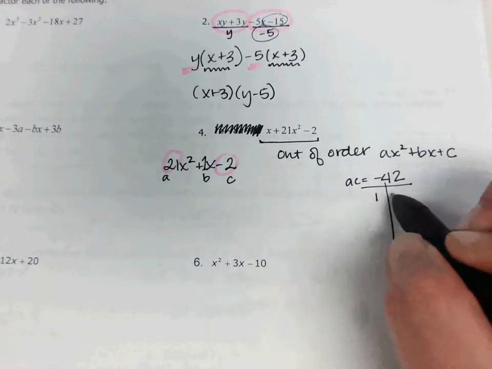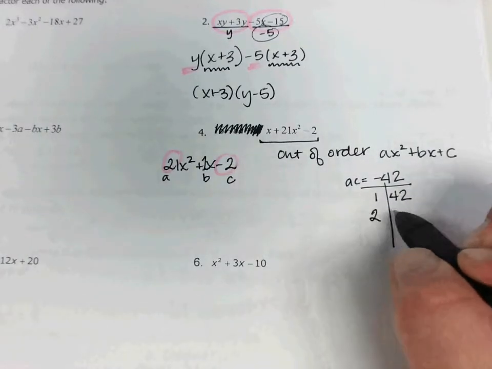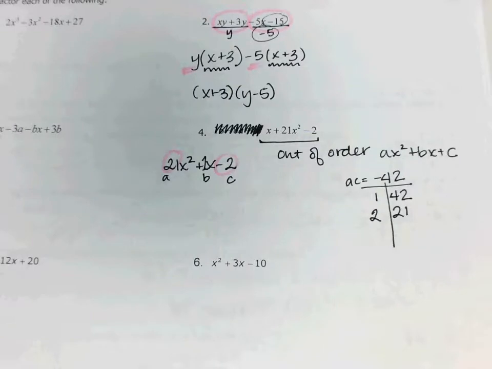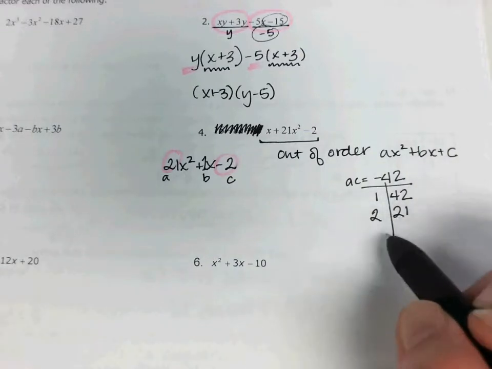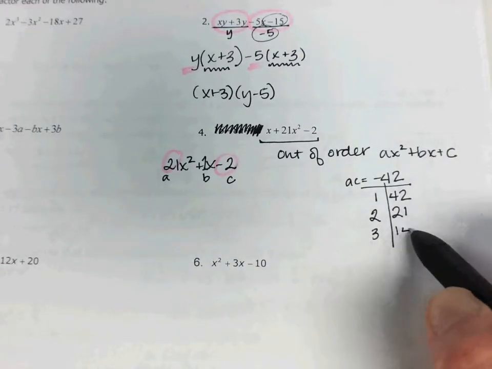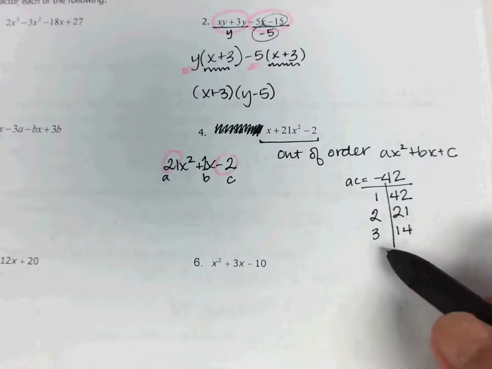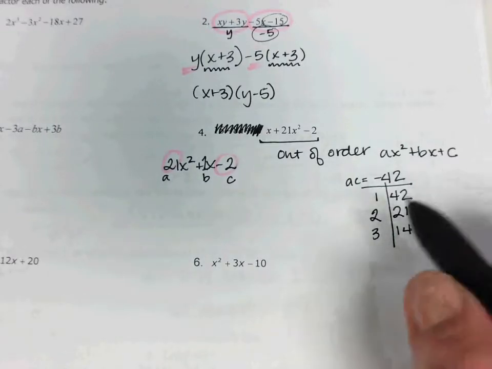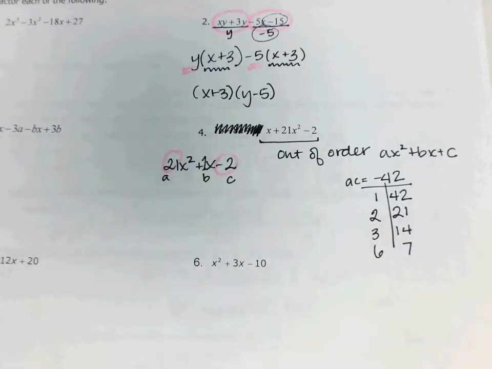So I could use 1 times 42, 2 times 21, 3 times 14, and then 5 won't work. 6 times 7 will work. And then I think that's it.